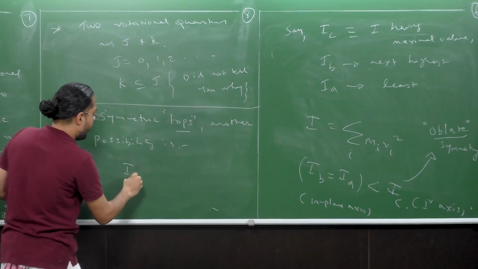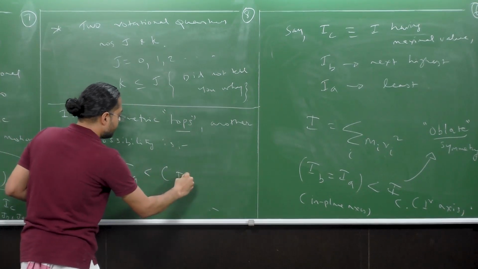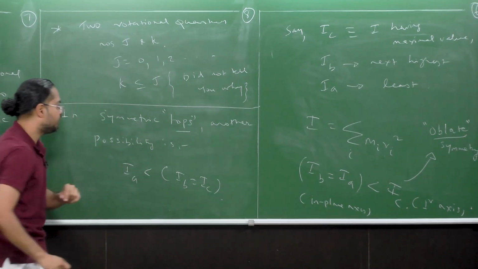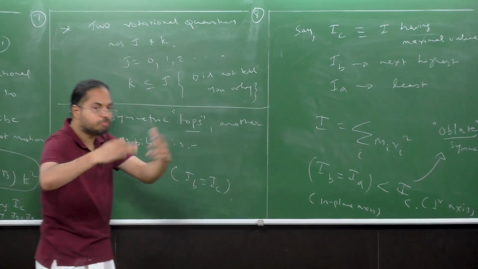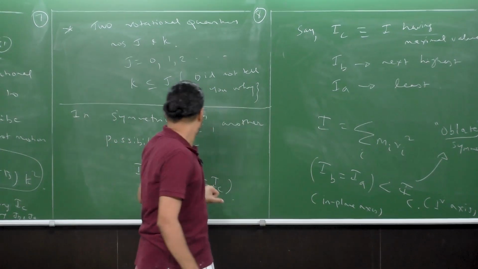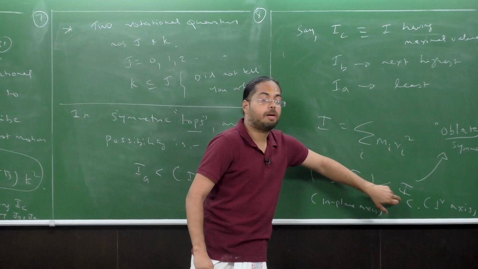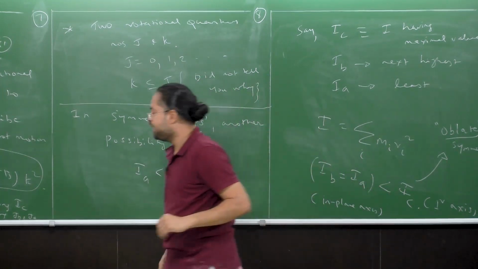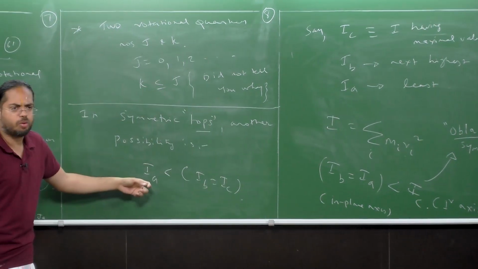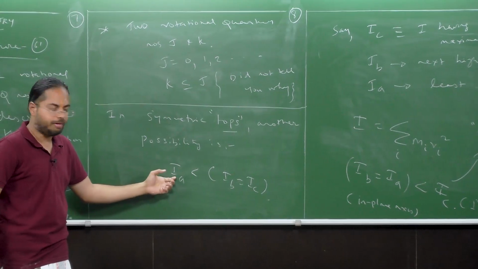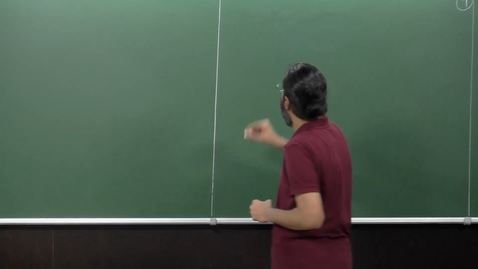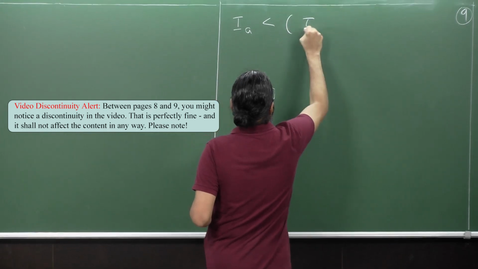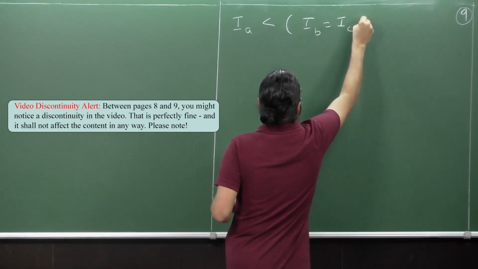IA less than IB equal to IC. In other words, in the case of benzene, as we saw, the unique value corresponded to the greatest value of moment of inertia. It's also possible that the unique value corresponds to the least value of moment of inertia. So we were discussing the case of IA less than IB equal to IC.